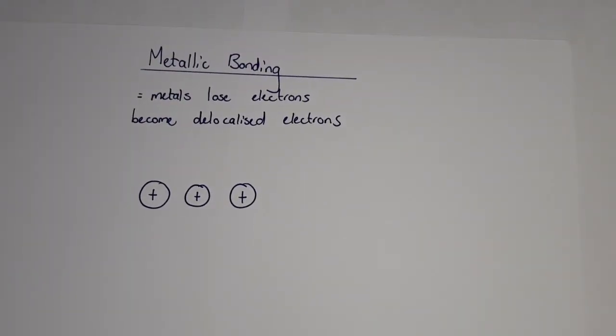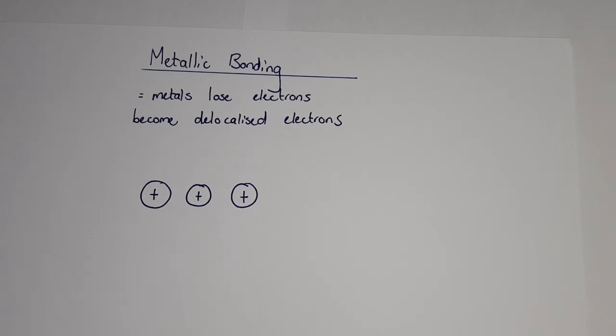So metallic bonding is between metals, and the metals lose the electrons, and electrons always become delocalized. So whatever metal I have, this is between its own atoms. So if I'm dealing with magnesium, these are all going to be magnesium ions that have lost their electrons, or copper, or zinc, or anything like that.